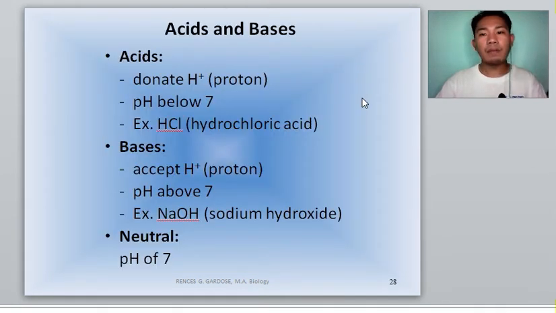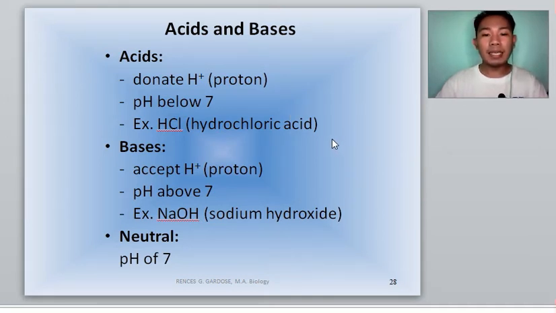Of course, when we are talking about chemistry, we do not forget acids and bases. Acids are the ones that donate H plus, or the proton, and below 7 is acidic.